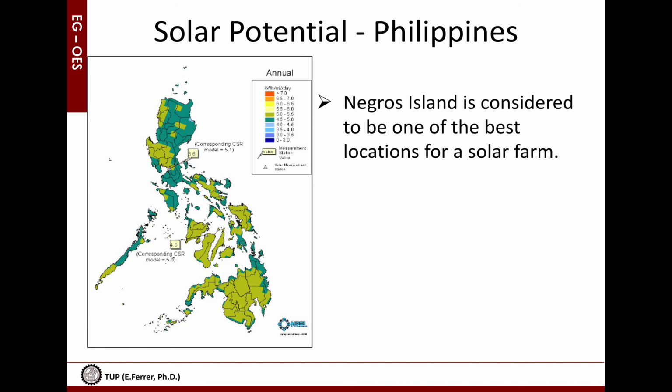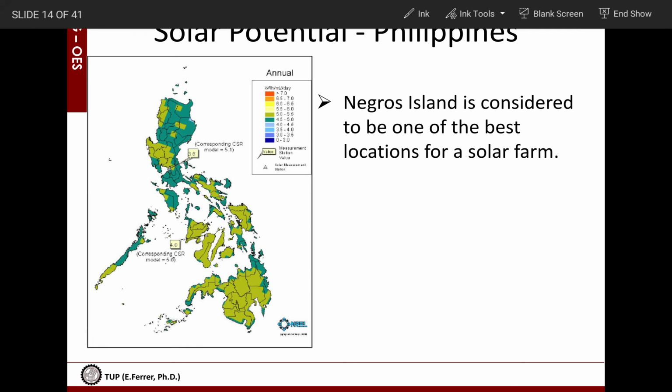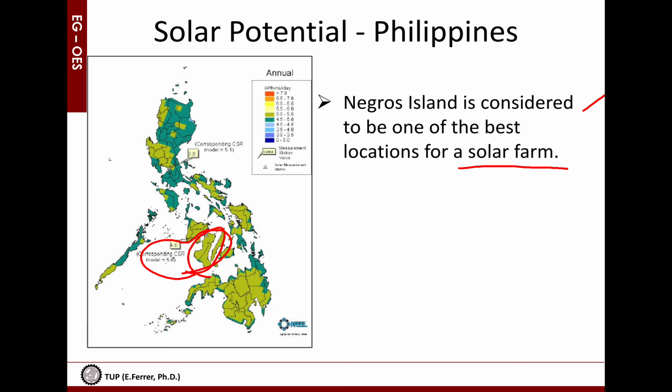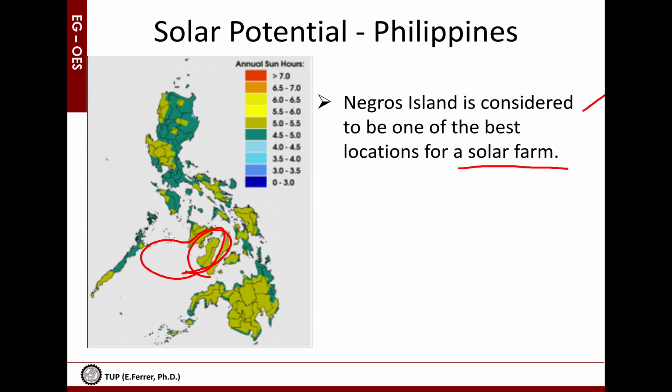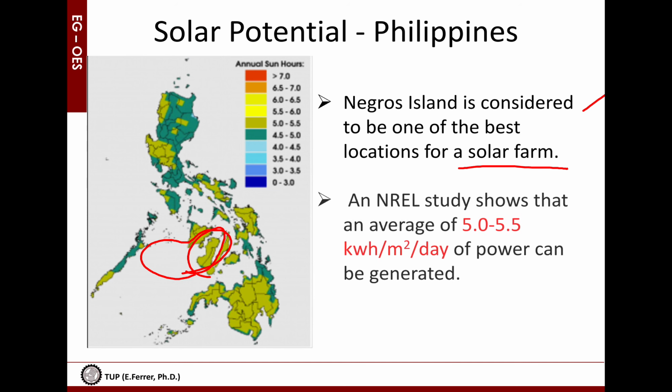So where in the Philippines can we have solar? Negros Island is considered to be one of the best locations for a solar farm. So in Negros, in here, this is Negros, the sack-shaped island.